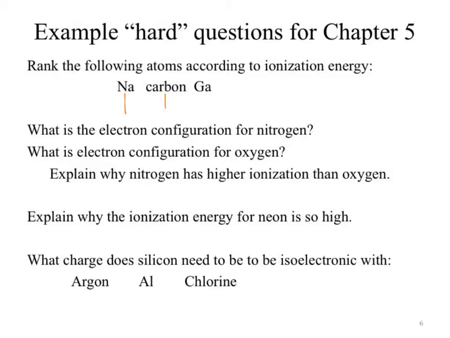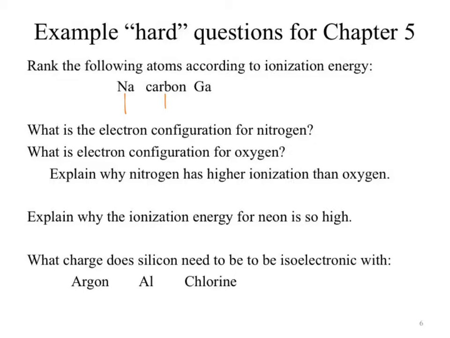They're in a different row. Which one's higher than the other? Or different column, I mean. Silicon has a higher ionization energy than sodium because it has a stronger nucleus. So we said carbon was more than silicon, and silicon is more than sodium. What does that mean about the relationship between carbon and sodium? Sodium must be lower than carbon, or carbon's higher than sodium.